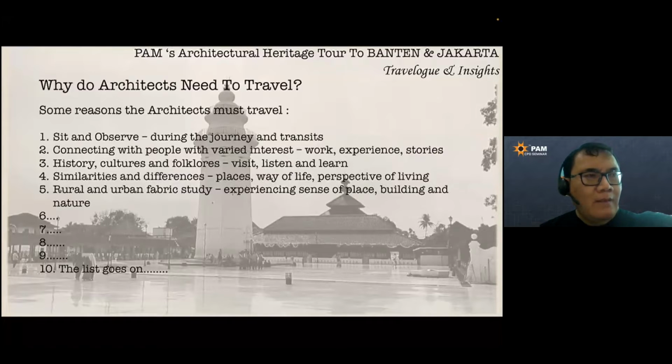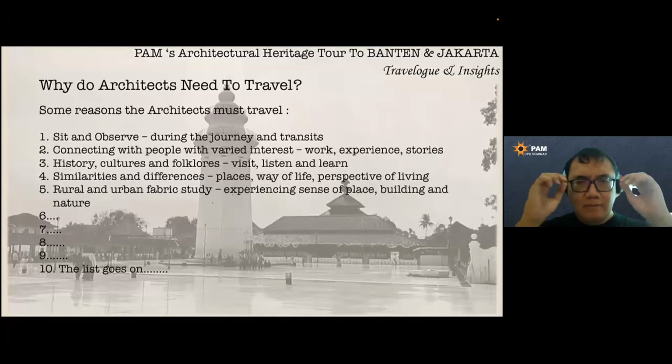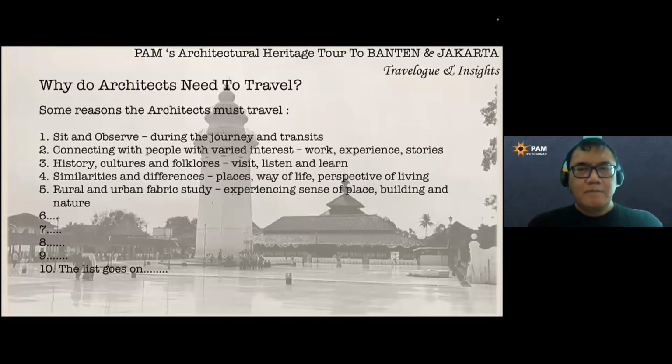Sometimes we take very long hours of traveling, maybe by train or by flight. Then sometimes we get to transit 2 hours, 3 hours. So we just sit there, observe people from different race, religion, different countries, different cultures and everything. So that's one of the reasons that architects travel.